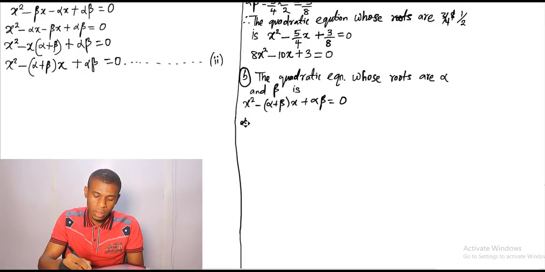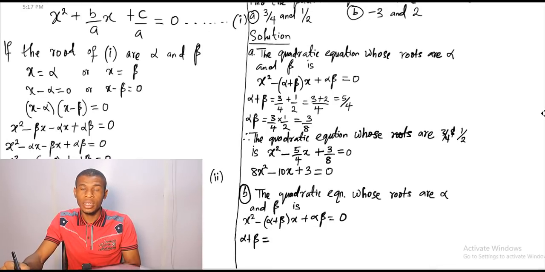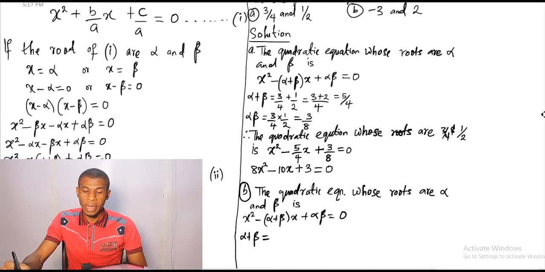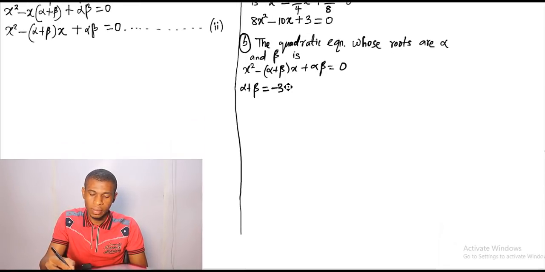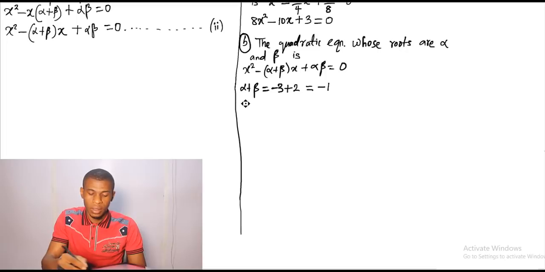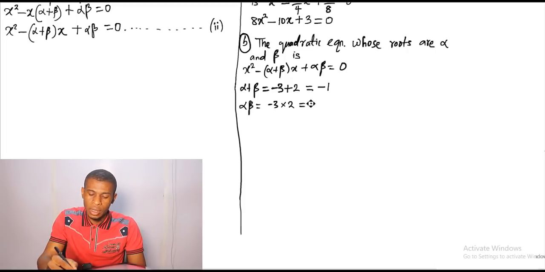Alpha plus beta is equal to minus 3 plus 2. What's the value? I have minus 1. Alpha beta is equal to minus 3 times 2. We have minus 6.